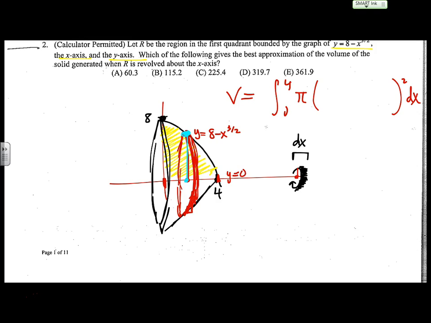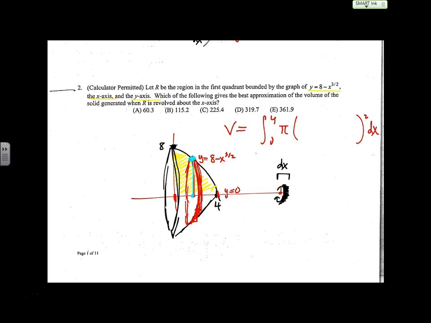Question, if something is revolving around an axis, do I really have to worry about the minus? Nope, because if you minus 0, it just ends up going away. Some of you then, since we haven't really seen much else, yes, plug it into your calculator, and our final answer is? That's what I was thinking. Is it E? You guys plugged in, charge and double check? It's E. Perfect.